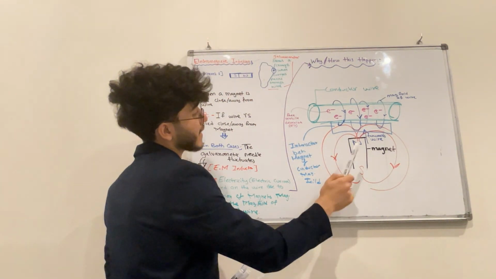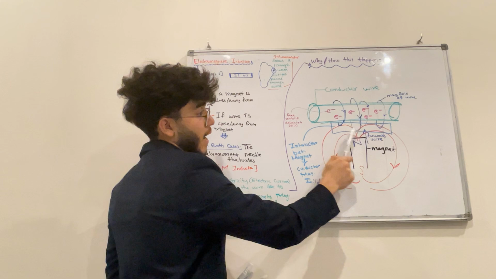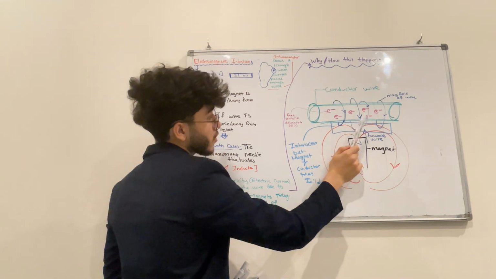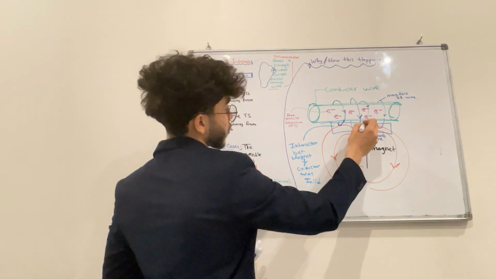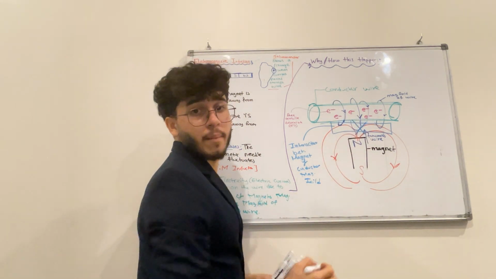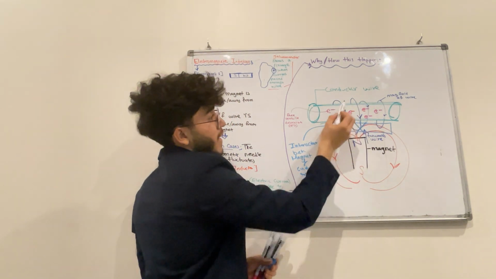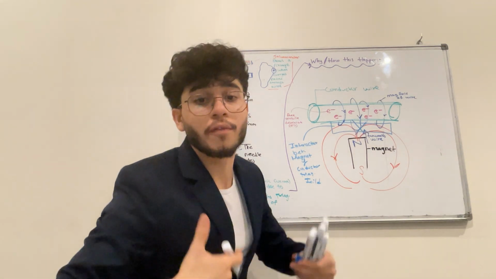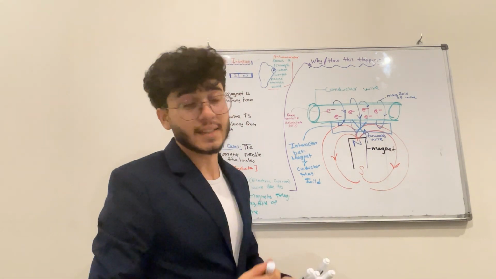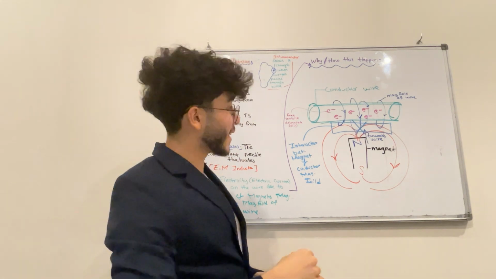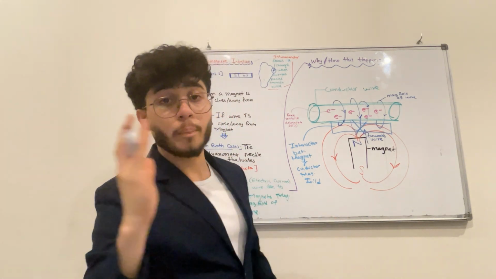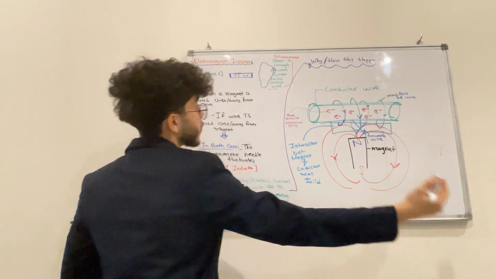When the magnetic field of the magnet interacts at this point of interaction with the magnetic field of the current carrying wire, it will produce a force. And this force that is produced will push the electrons to flow.